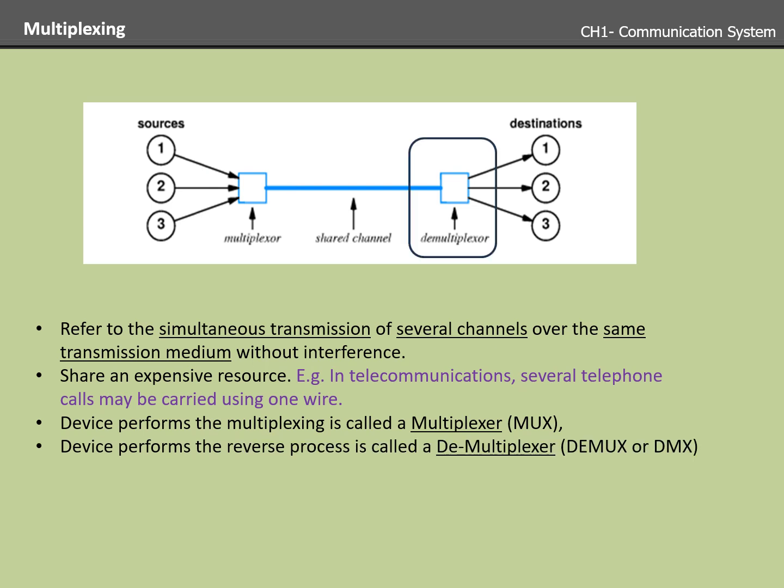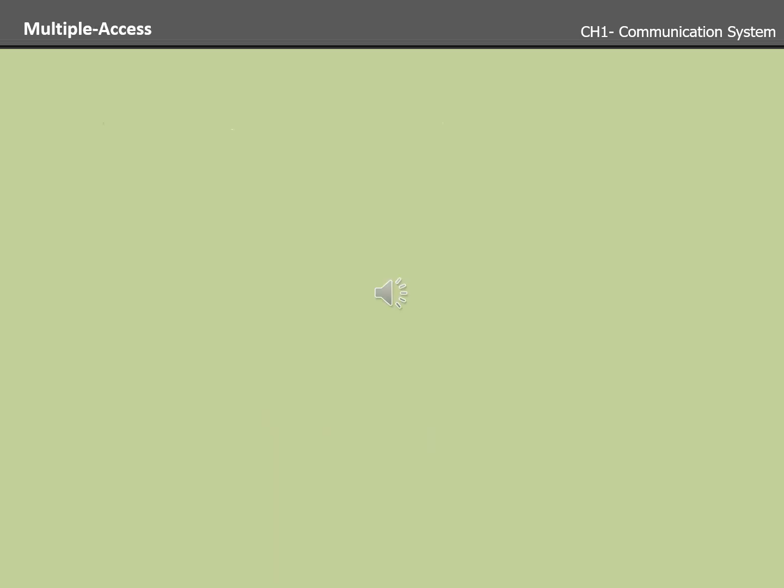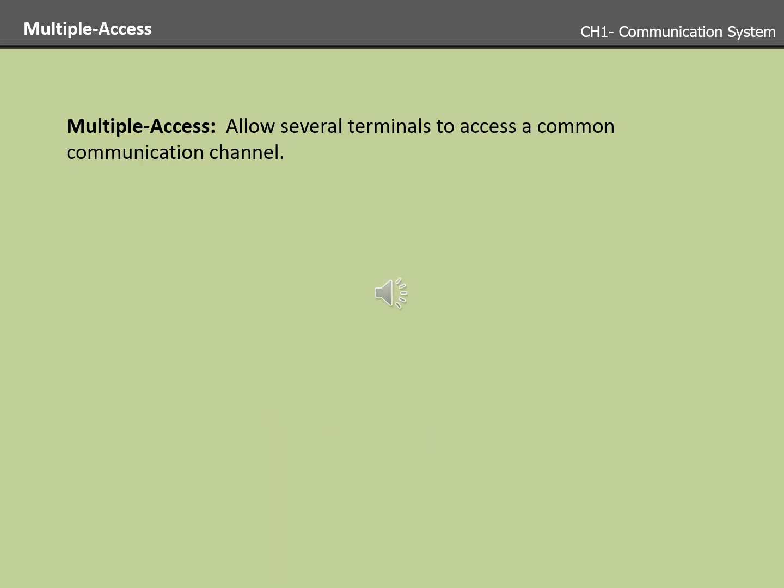And the device that performs the reverse process is called the demultiplexer. While multiplexing is the method for simultaneous transmission over the same transmission medium, multiple access is to allow several terminals accessing the same communication channel.